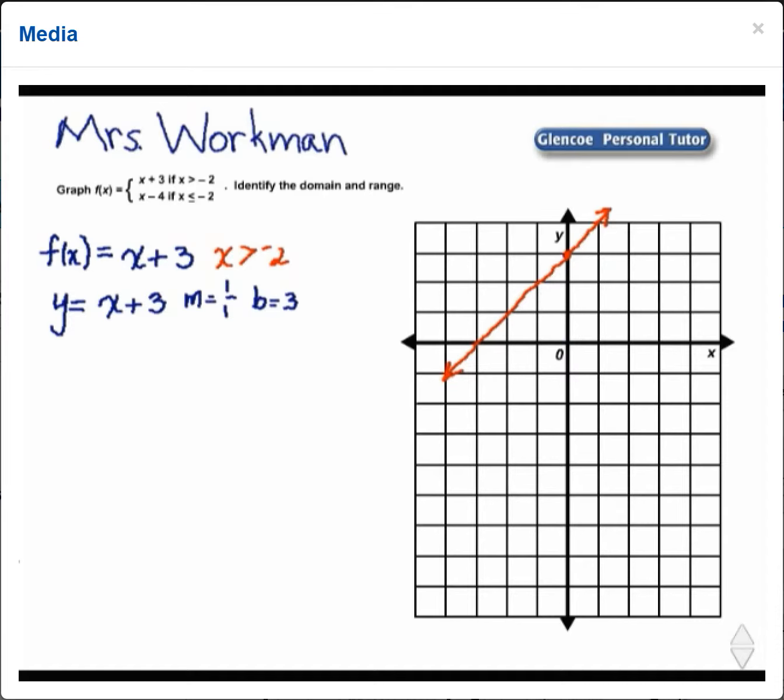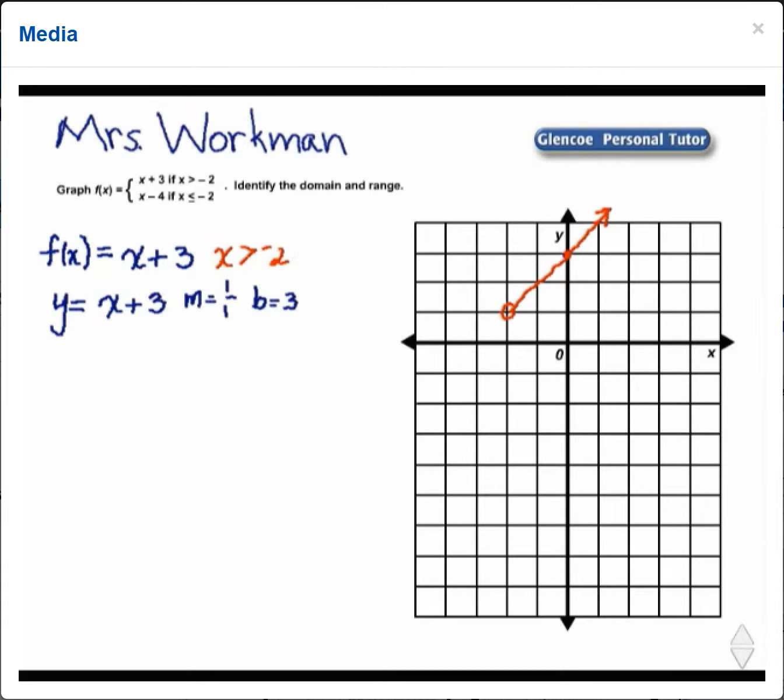So I'm going to come back here, and I'm going to erase this part of the line, and I'm going to put a circle around this point, because that can't be included in the graph because that's the point that has an x-coordinate of negative 2, and we're told that we can only use the x's that are greater than negative 2. And so when we graph this piece of the function, this is what we get.